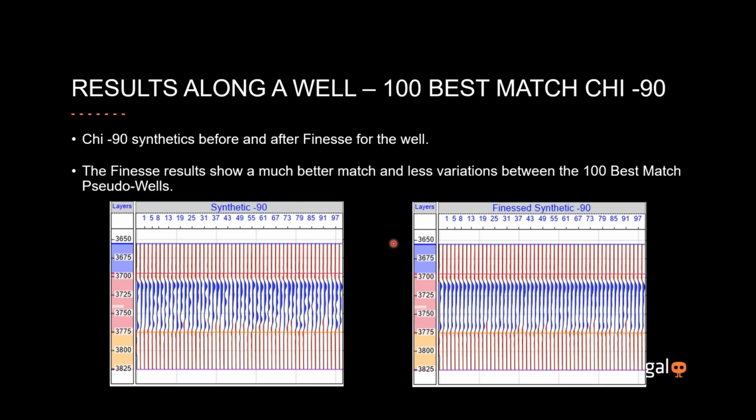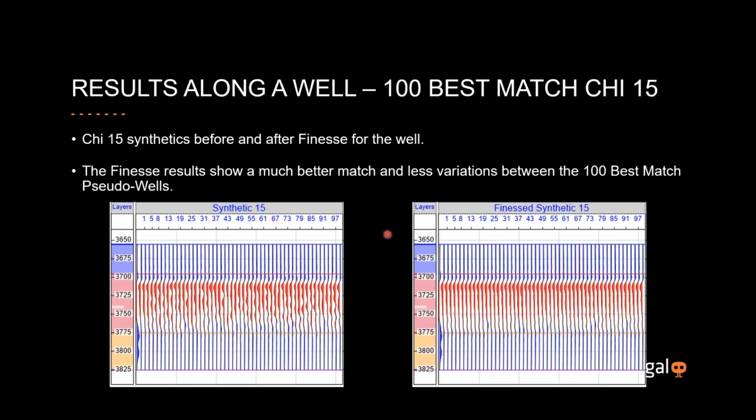If we look at the synthetics, for the chi minus 90, the Finesse result shows a much better match and less variation, which is what we want. We have a very similar result for the chi 15, with way less variation within the 100 best match.